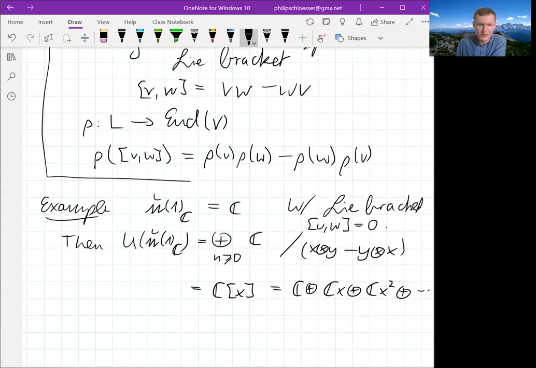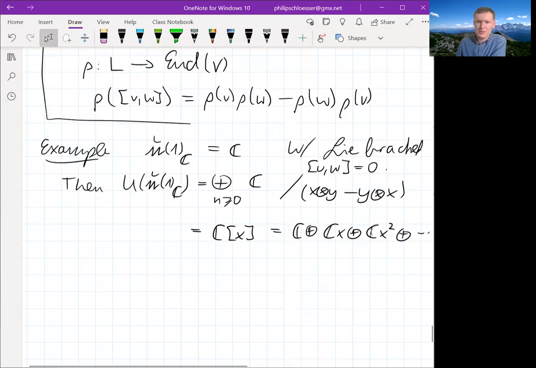You can decompose this as a direct sum where you have all of the powers of X as direct summands.